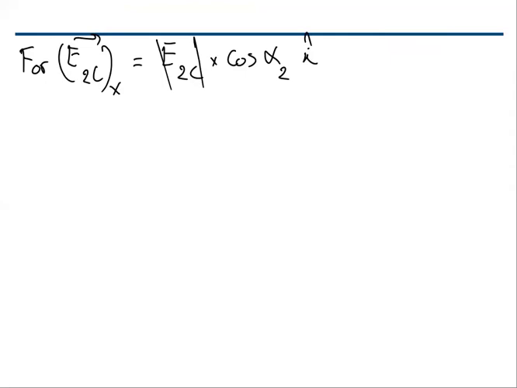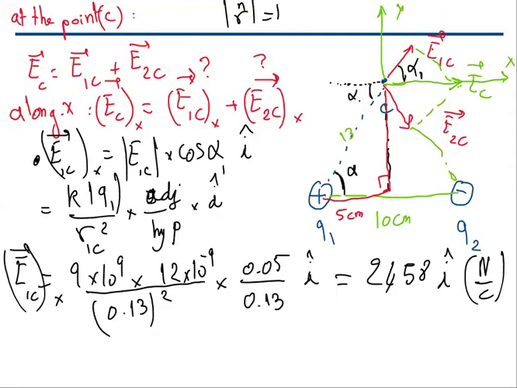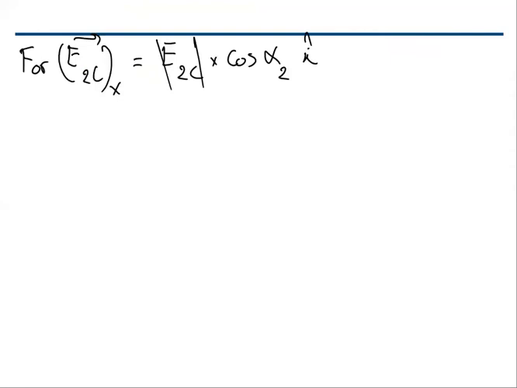Alpha 2, where is it? This is alpha 2. We said, and this is very important to understand, alpha 2 is with respect to positive x, to apply the cosine for the x component and sine for the y component.